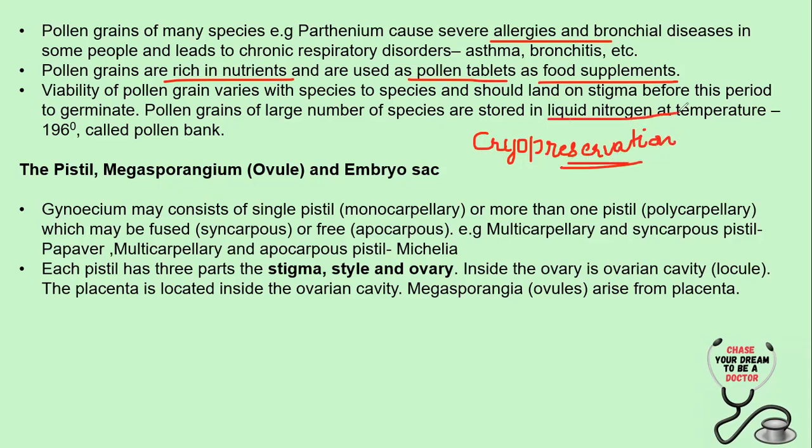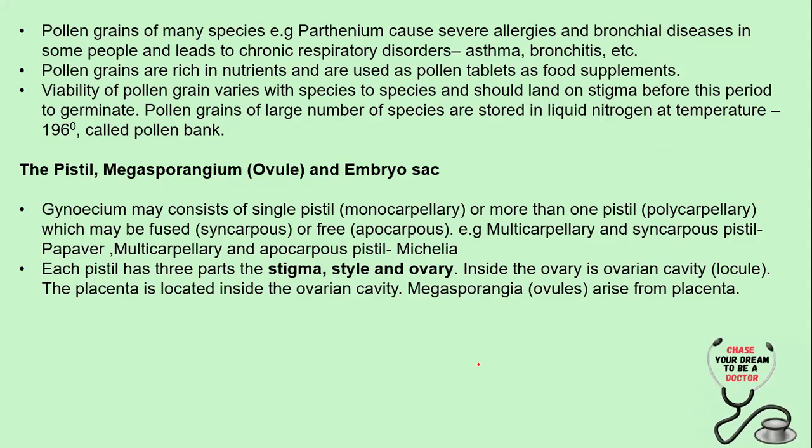Cryopreservation means you store the pollen grain in liquid nitrogen at a temperature of minus 196 degrees Celsius. Clear? So that method you will call cryopreservation. So that's all about the male gamete and all points regarding the pollen grain, microspore, microsporogenesis, anther, and filament.